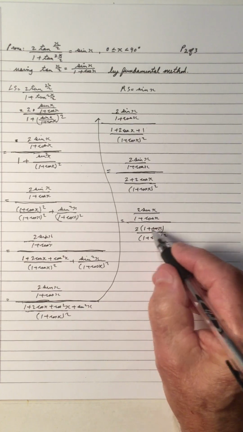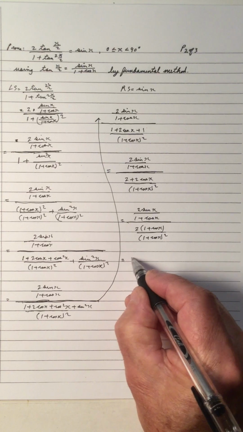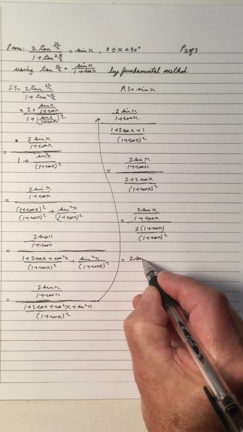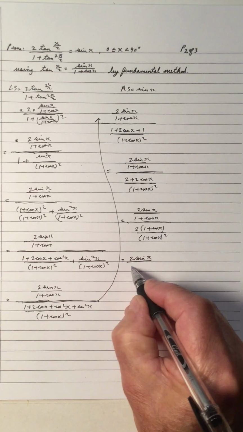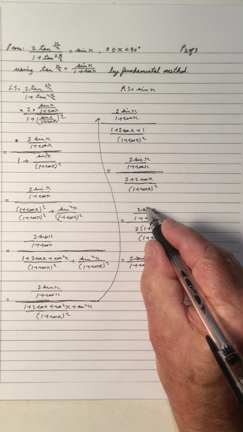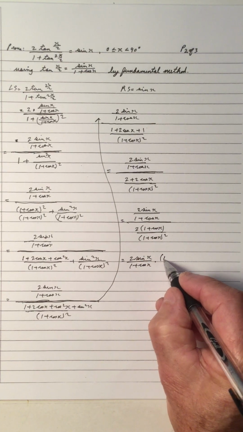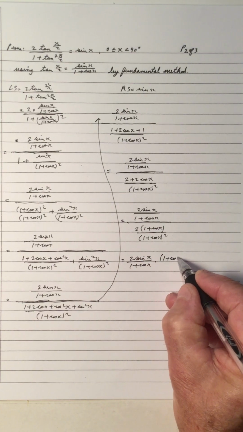Now I have the two fractions simplified, so now I will multiply by the reciprocal. So 2 sine x all over 1 plus cos x is the numerator. The denominator I'm going to multiply by the reciprocal, so I turn it upside down.